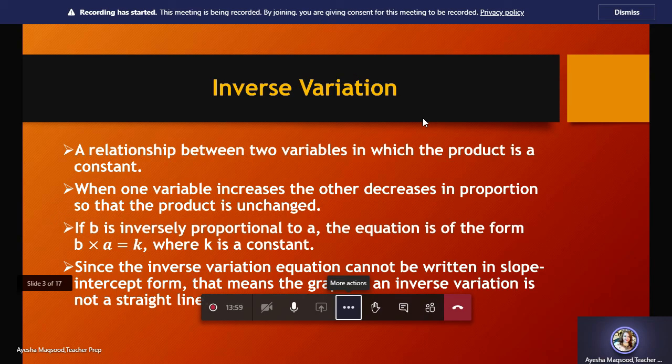And if the same task has to be done by fewer people, they will take more time. So this is actually inverse variation, where by increasing one quantity there is a decrease in the other quantity. But one thing we must always remember is that the increase and decrease is always according to a specific proportion. It's not a random change.